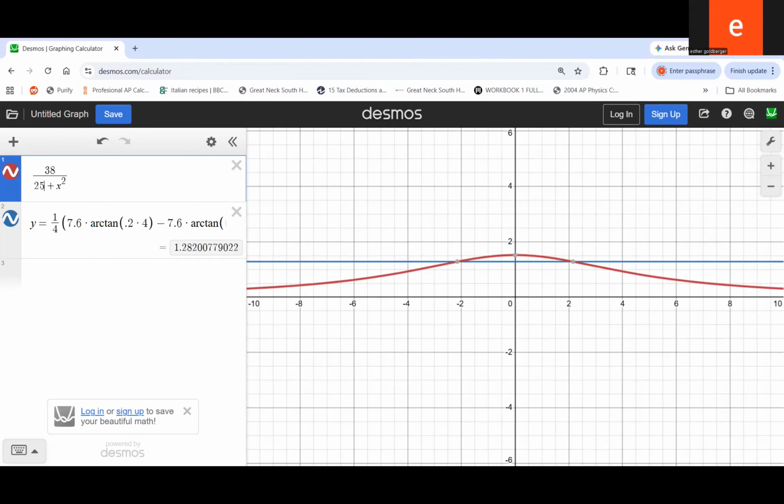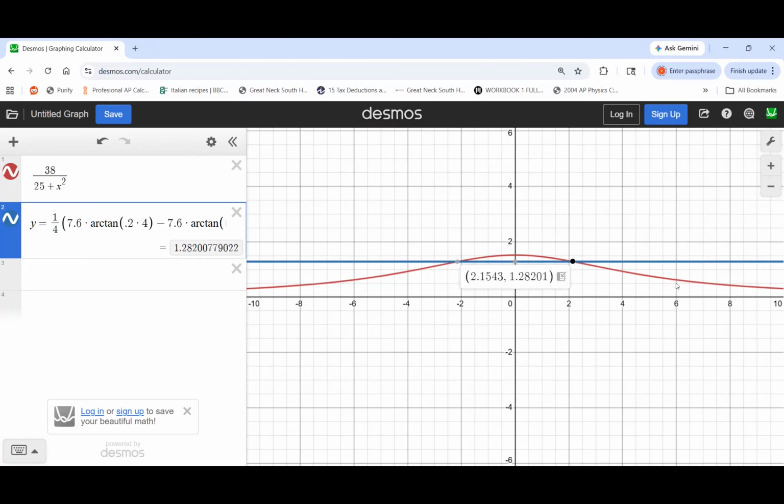And so now we'll go ahead and look at Desmos. So I've gone ahead and plotted 38 over 25 plus x squared, that representing our instantaneous rate of change, and then I've plugged in y equals the average rate of change. And what we can quickly see, we only care about our positive solution, is that those intersect at t equals 2.15, where y is equal to 1.28.